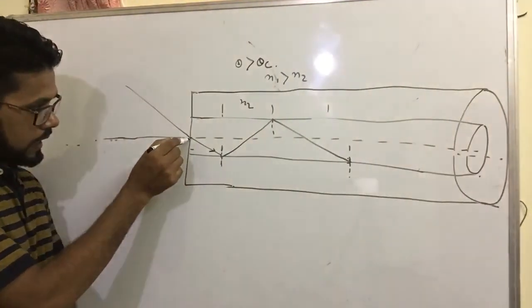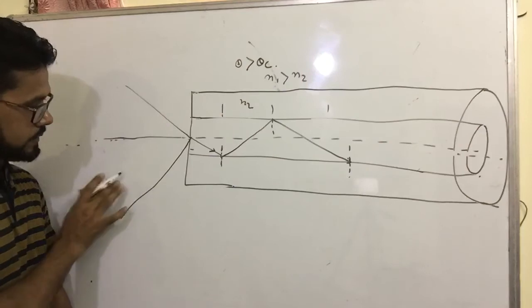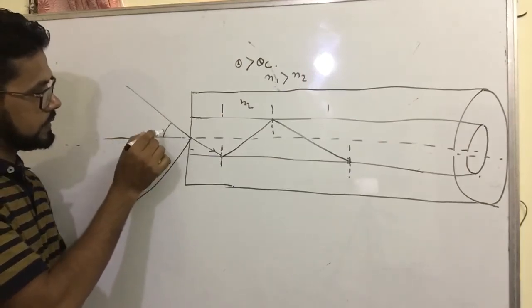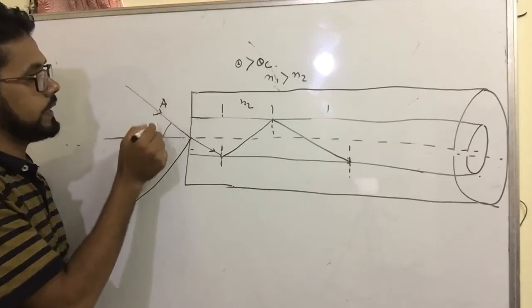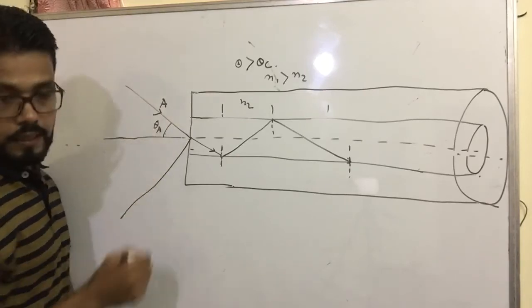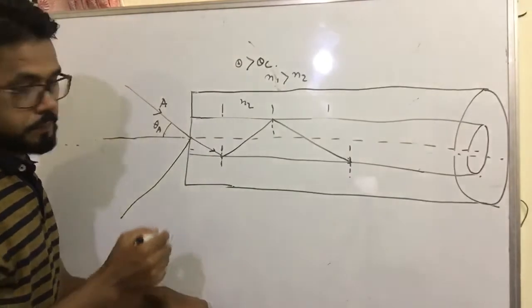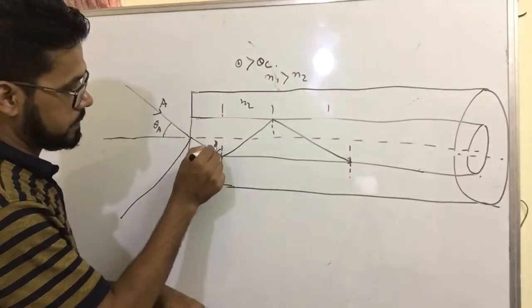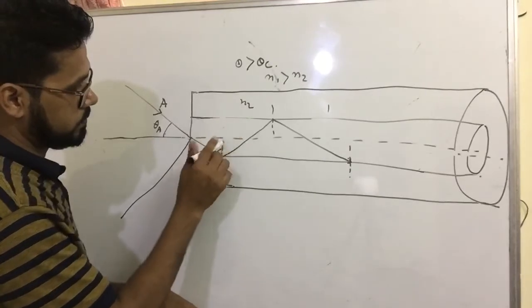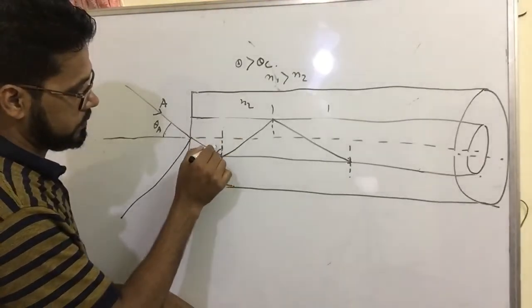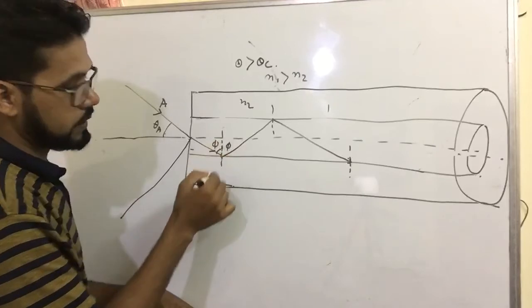Then I am sending another example. This is theta A. This ray is represented as the A ray. This is phi, and this is phi, the same angle.